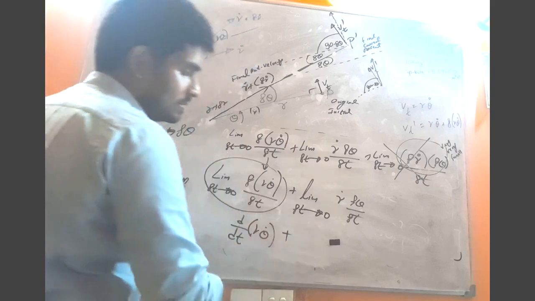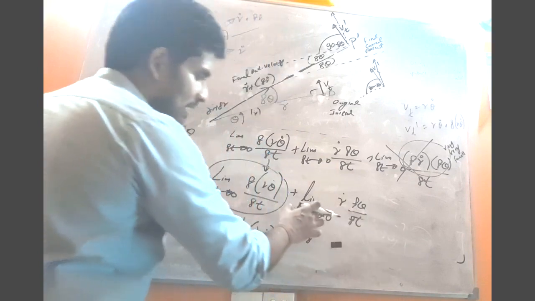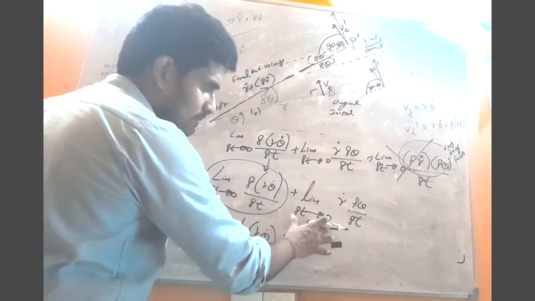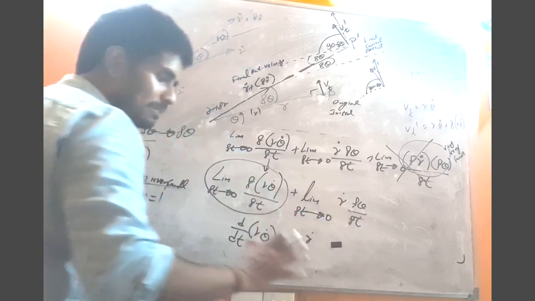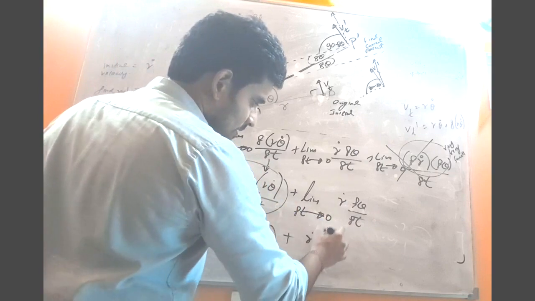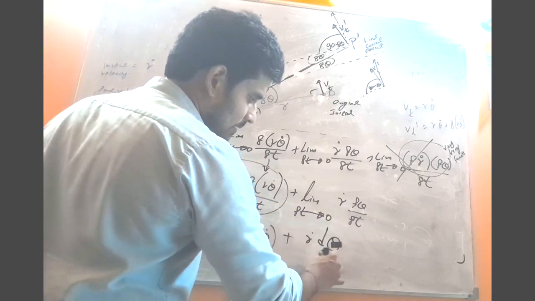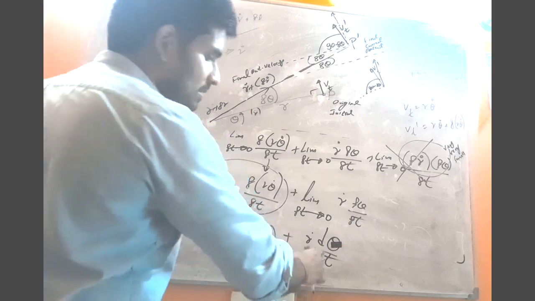That can be written as d by dt of r theta dot, right? Plus here this part. Because here we have limit delta t tends to 0, r dot times delta theta divided by delta t, that can be written as r dot times d theta by dt, right?